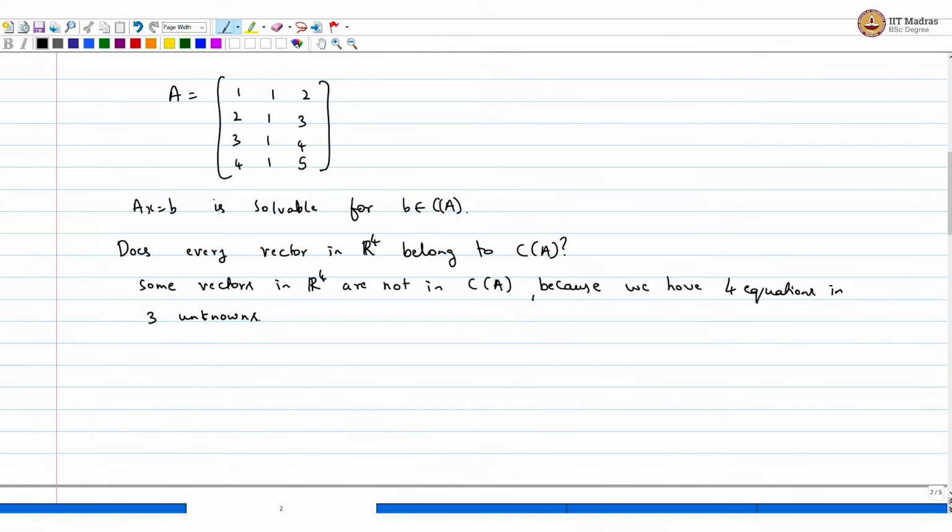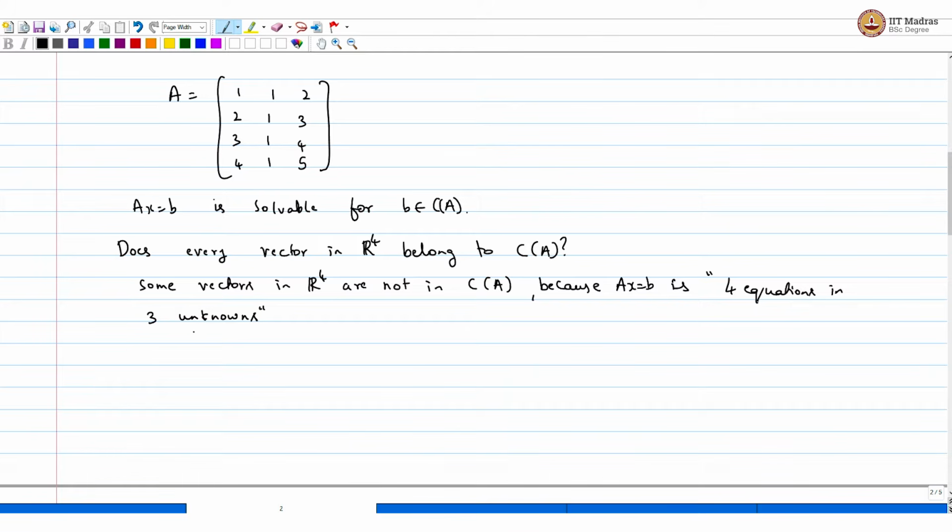That's what we have. Let's put it this way, because Ax equals B is 4 equations in 3 unknowns.